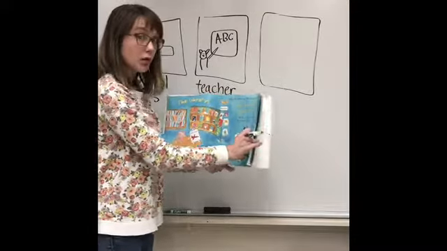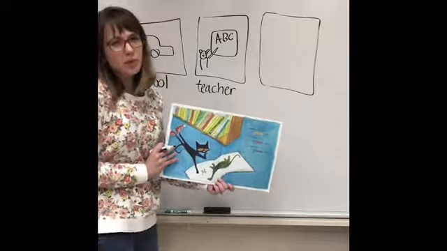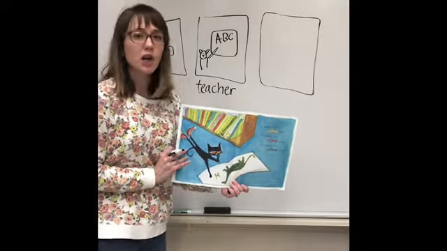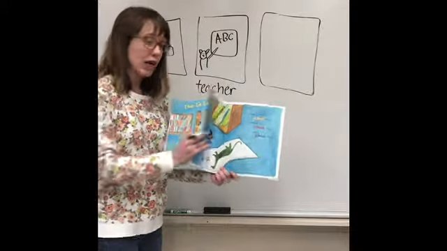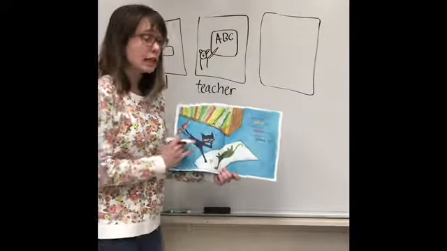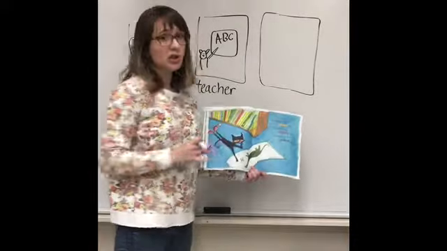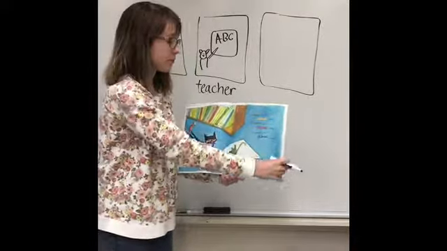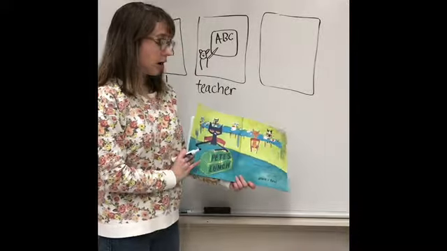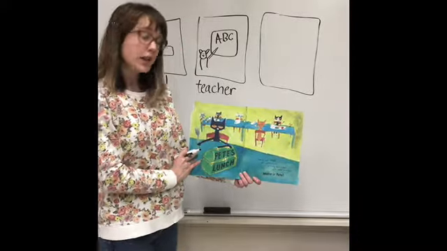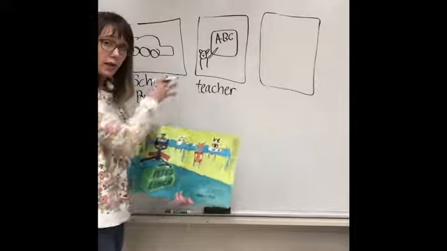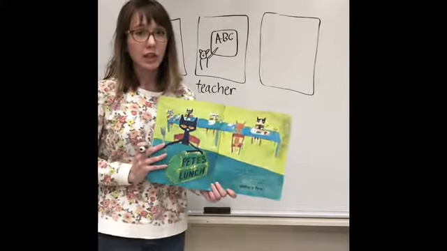As I continue on in the story, there's another picture of the library. So I would not draw that again. I can describe these couple of pictures by just writing the word library and drawing a picture of Pete reading or some books. Then I could continue on and find another detail. The next detail I might draw, if I had another square here, would be him in the cafeteria.